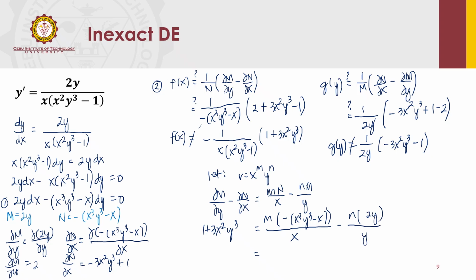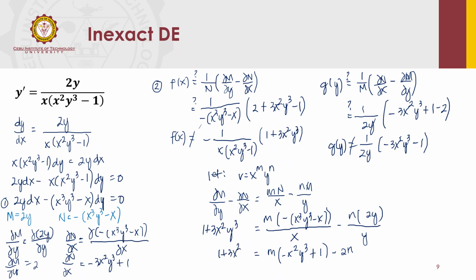So that's m times each term divided by x. That's negative x squared y cubed. If I distribute the negative sign, negative of negative x is positive x, over x, so that's plus 1. And then minus, cancel the y's, so that's 2n for the second term.